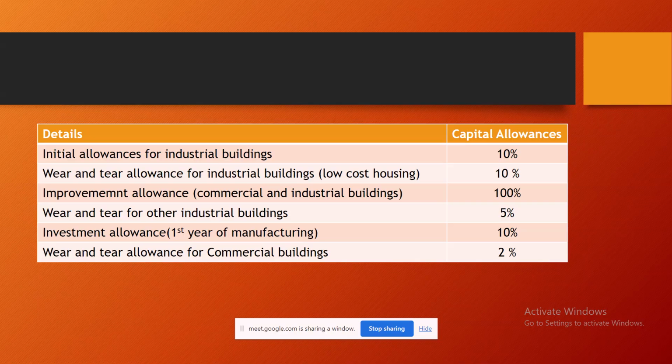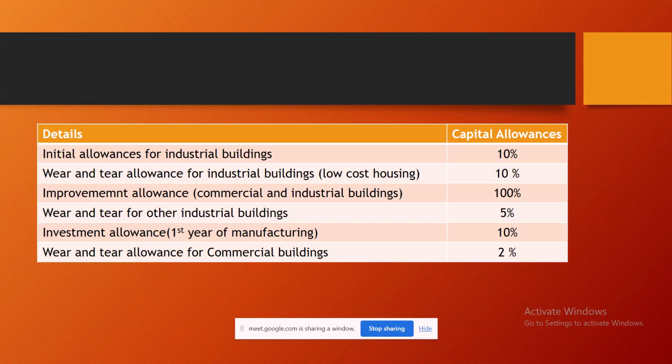For low-cost housing, these are structures whose cost of building is described in the Income Tax Act as 20,000 kwacha and below. Those are taken to be low-cost housing.